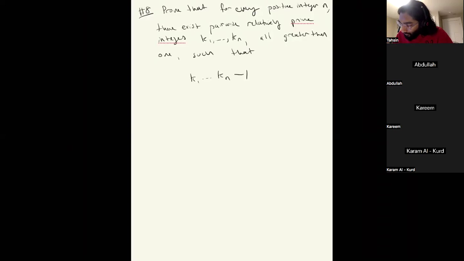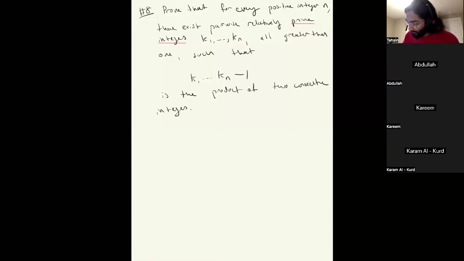So this quantity is the product of 2 consecutive integers. So you want to show for every n, you can find n pairwise relatively prime integers, k1 through kn, such that if you take their product and subtract 1, you'll get something that is the product of 2 consecutive integers, like d times d plus 1.